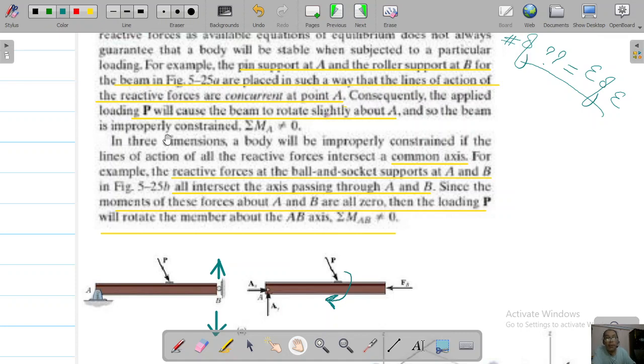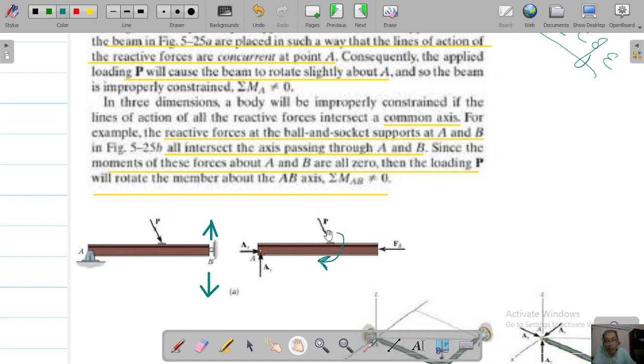Consequently, this applied loading P, since the roller is placed here and the roller can translate in the positive Y and negative Y, if you look at it, this P will have two components.